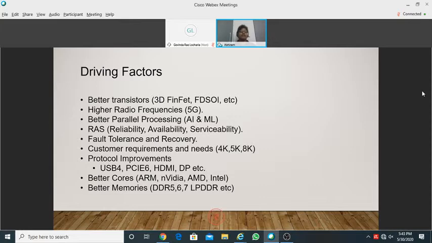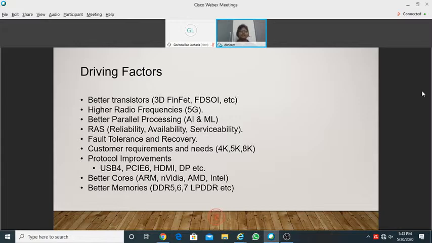That is where the demand is towards always-on systems. We have to switch between multiple cores if one of the threads or cores has an issue. So we need to pack more than one processor or multi-core logic into the chip. That is another driving factor, along with fault tolerance and recovery.